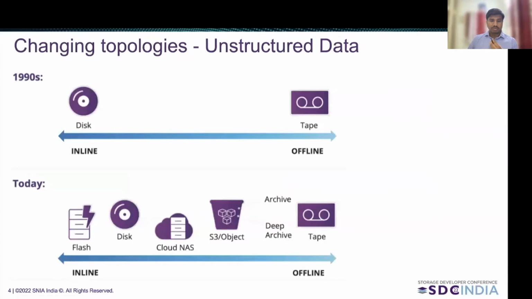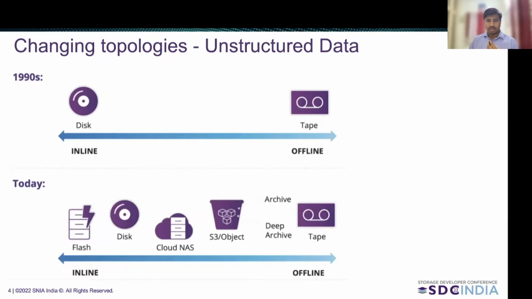We can also note, for people who have been in the industry for a while, that the definition of the locality or topology of storage has been changing over the last couple of decades. What used to be inline and offline earlier is not the same today. Inline data, the hot data that is accessed frequently, would typically reside in the hot tier, on disk or SSDs.